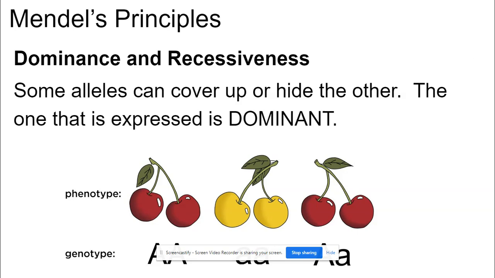The yellow cherries are lowercase a, lowercase a. And if the genotype is heterozygous, a capital A and a lowercase a, it's only expressing the dominant allele.